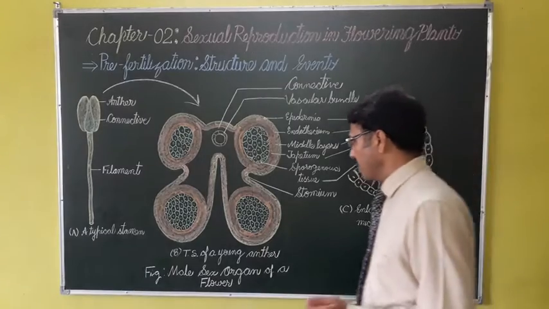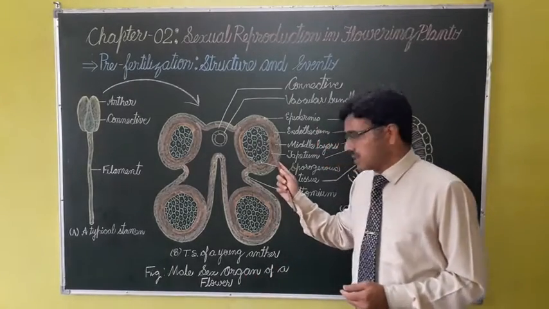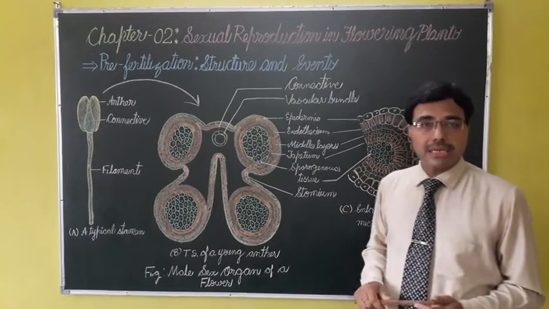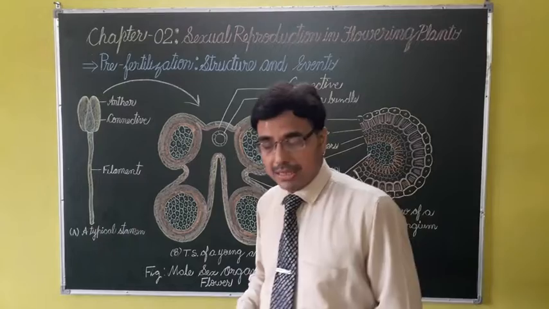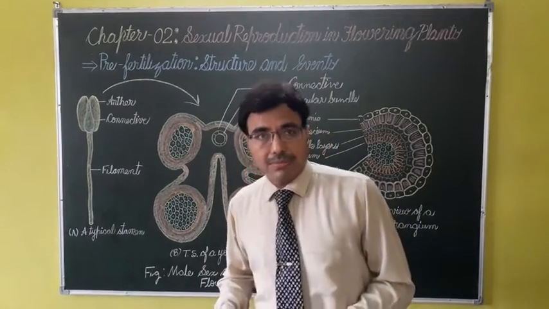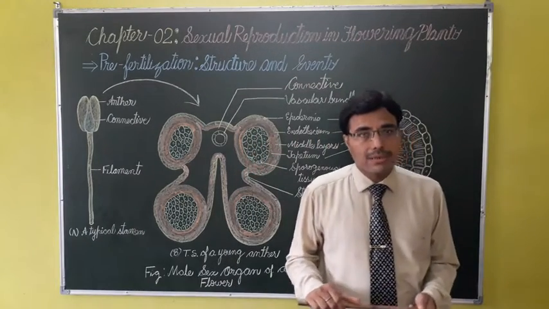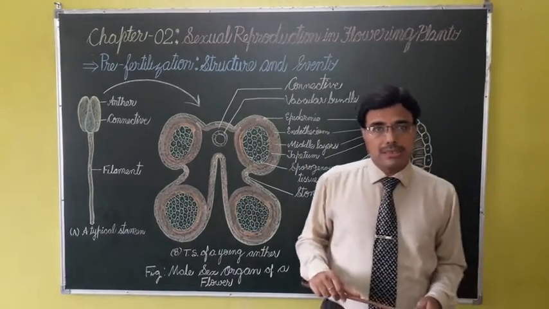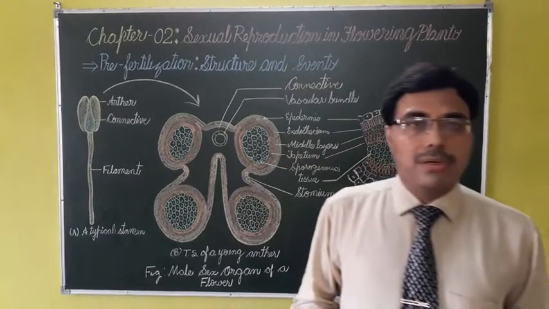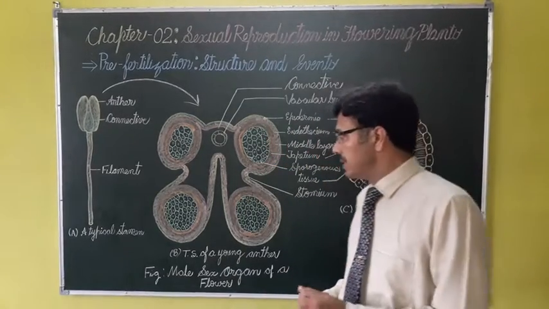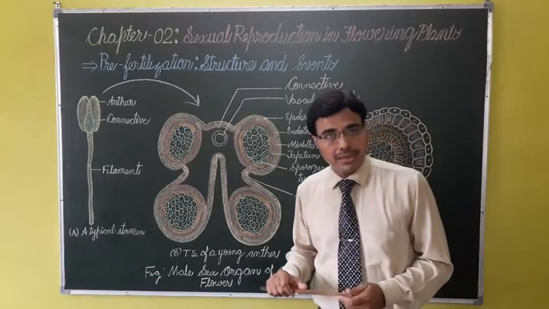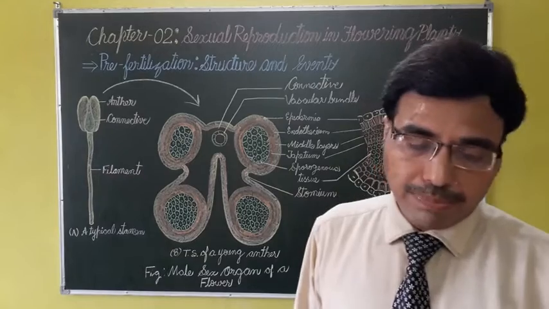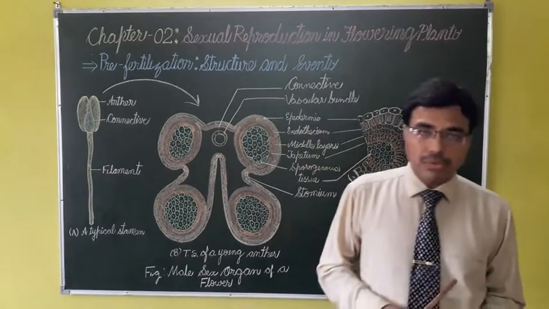So listen again, I have told the function of this tapetum, no doubt, but one more thing is very important regarding this tapetum, that is, the cells of the tapetum have more than one nucleus, and these nuclei form because of endomitosis. Now what is the purpose of more than one nuclei? Definitely it is so that it can provide nutrition in the most efficient way.